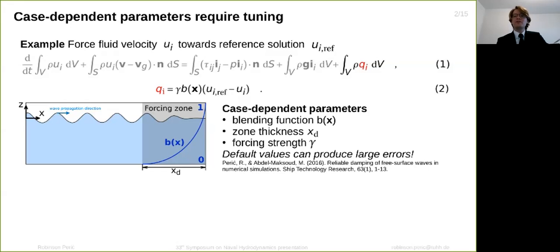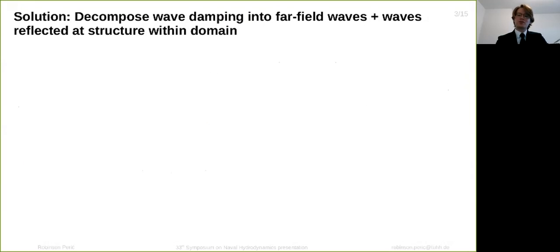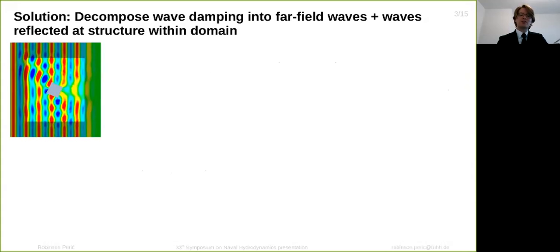And we've shown in a previous publication 4 years ago that the default values for these parameters can produce large errors. And the problem is therefore how to find their optimum values for complex 3D flow simulations so that the waves are properly damped.